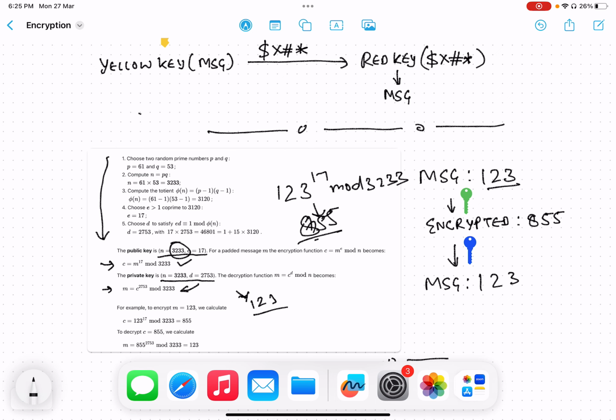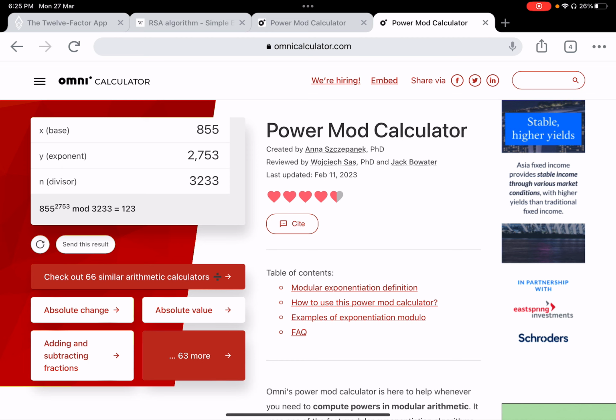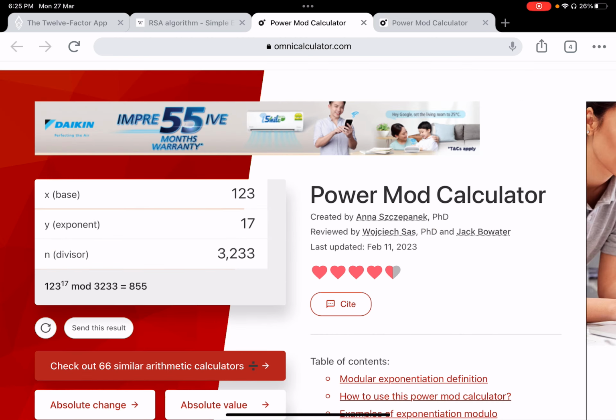I wanted to test this out myself. In order to do that, I went to this website because these are large numbers. To calculate them, you might require more space than the normal numbers that you compute on, and you might need some libraries to work with that.